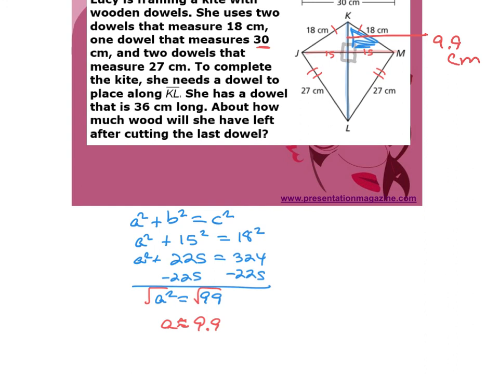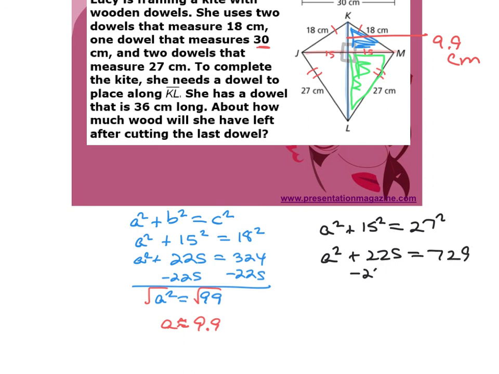Now I need to do the same thing for this triangle. Again, I'm going to do Pythagorean theorem. So for this one, I'm going to do a squared plus 15 squared equals 27 squared. 15 squared is 225. 27 squared is 729.